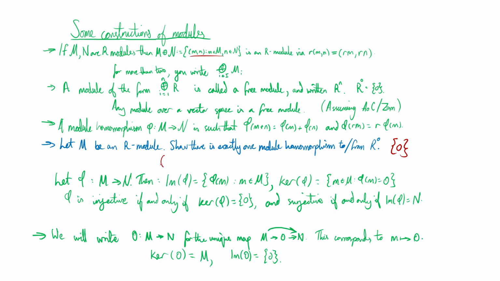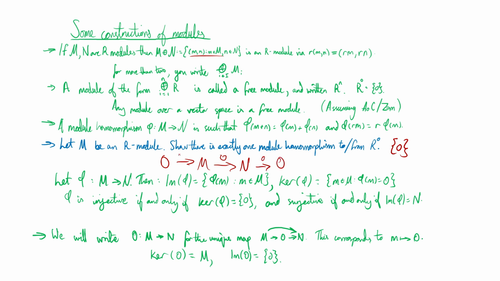Usually if I'm talking about 0, it's either 0 to M, or 0 M N, or indeed N to 0.